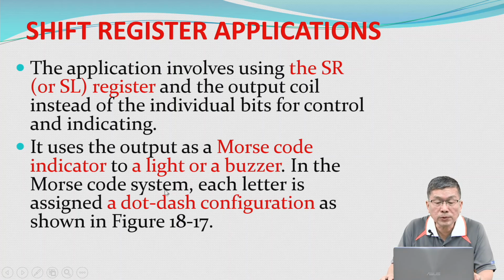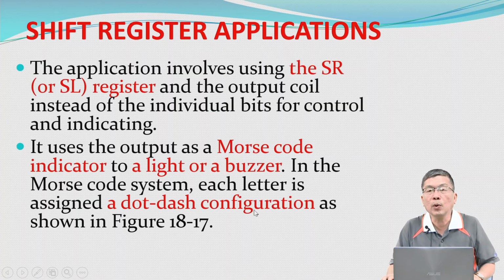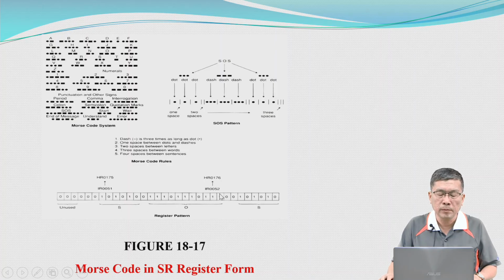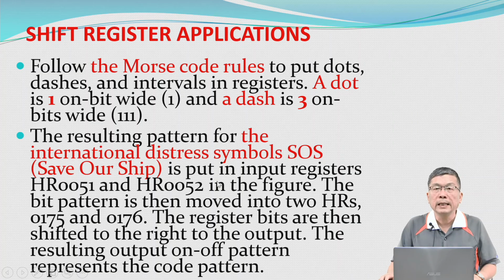In the Morse code system, each letter is assigned a dot dash configuration, shown in figure 18.17. This picture shows the Morse code in SR register form. Follow the Morse code rules to put dots, dashes, and the intervals in the registers.